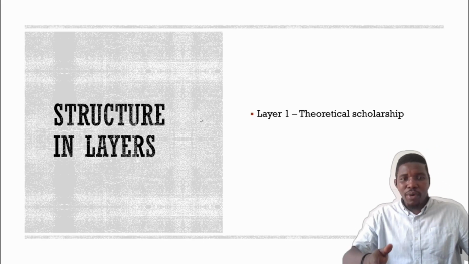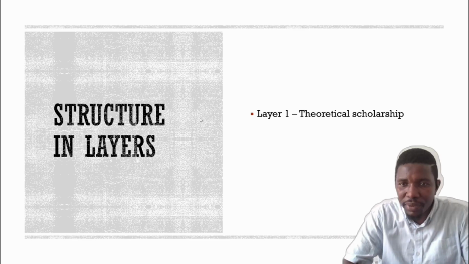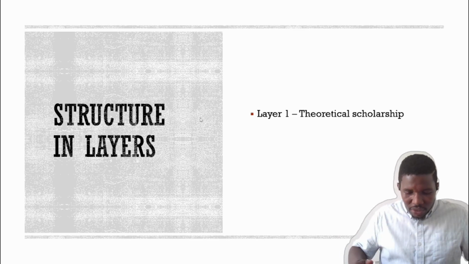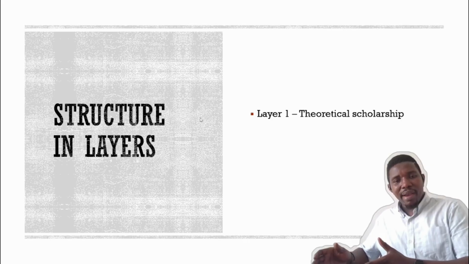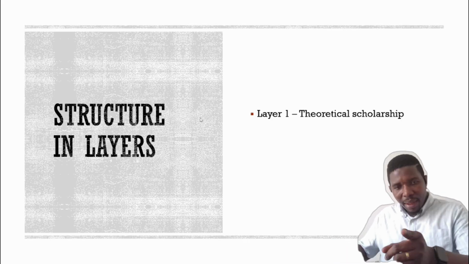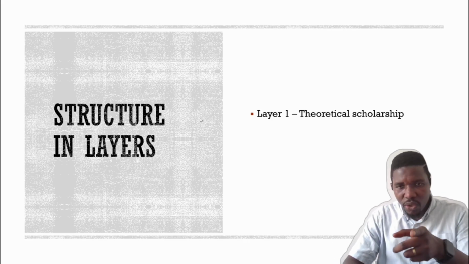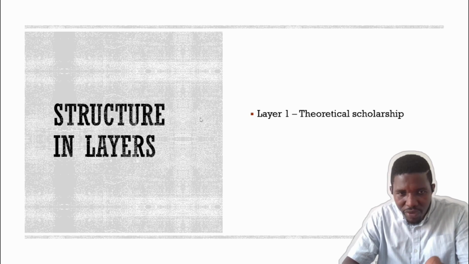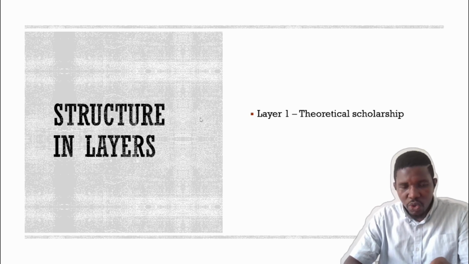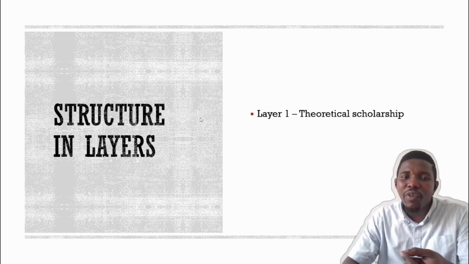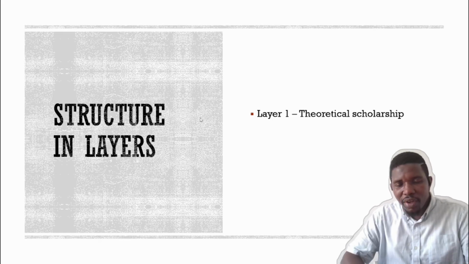Now, structure. It's in layers. Layer one should be your theoretical scholarship. Think about it: you reading other people's work and making sense out of it. That makes you a scholar. That makes you intelligent, a reasoning person. You are trying to extract new information from the body of information.